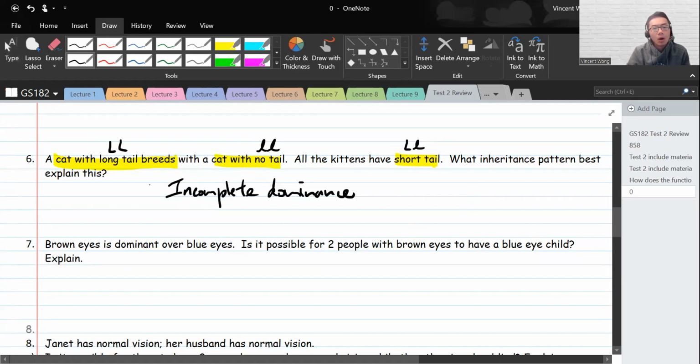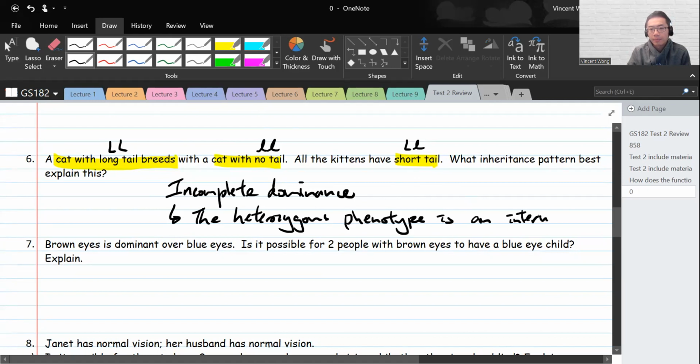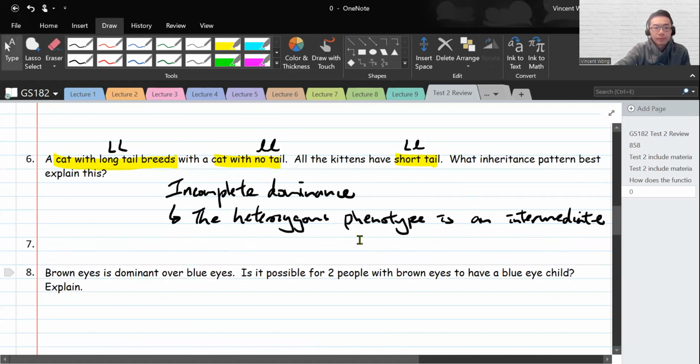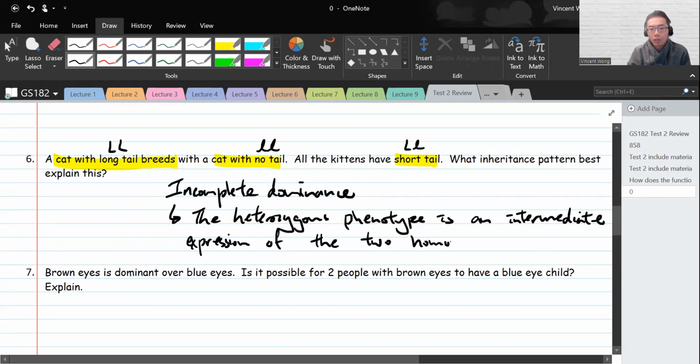Yeah, you can say this is incomplete dominance, and if you want an explanation, you can say the heterozygous phenotype is an intermediate expression of the 2 homozygous phenotypes.